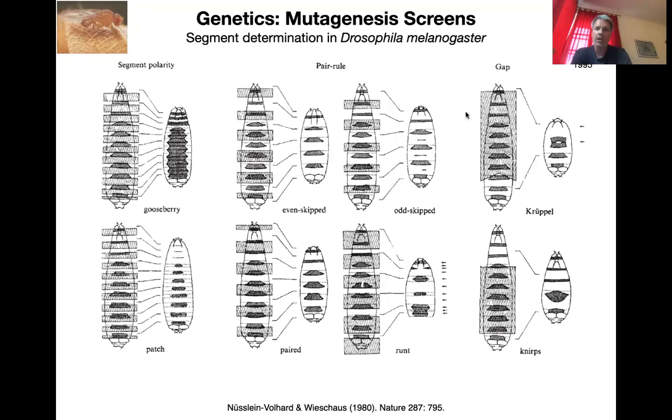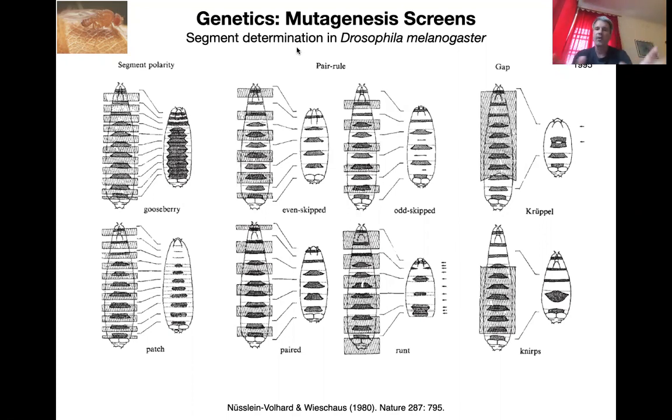For example, when entire parts of the embryo are missing, the genes were classified as gap genes. When every other segment was missing in the embryo, which is an interesting phenotype, they were classified as pair-rule genes. And if they affected the polarity of every single body segment, they were classified as segment polarity genes.